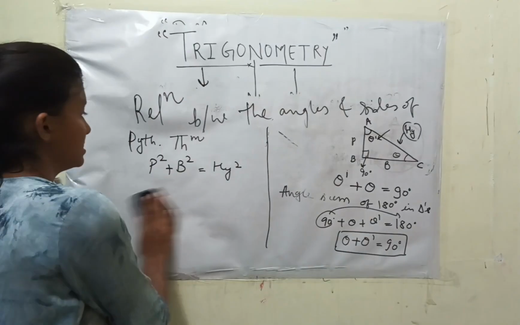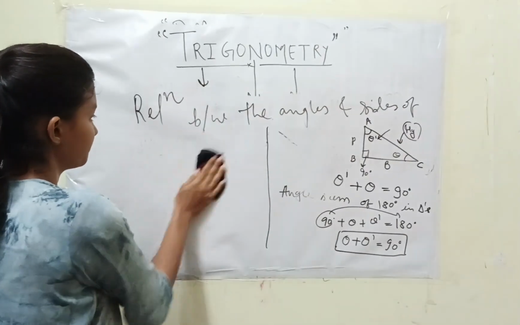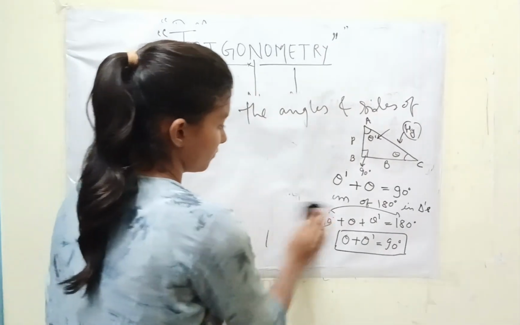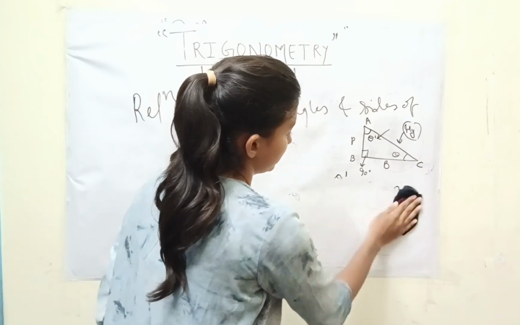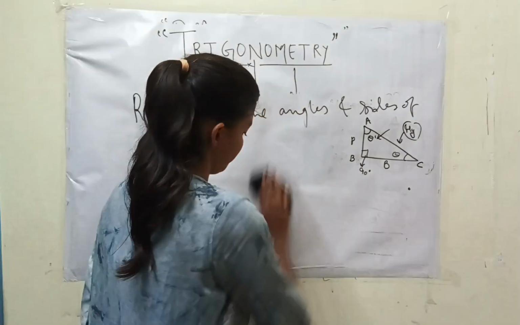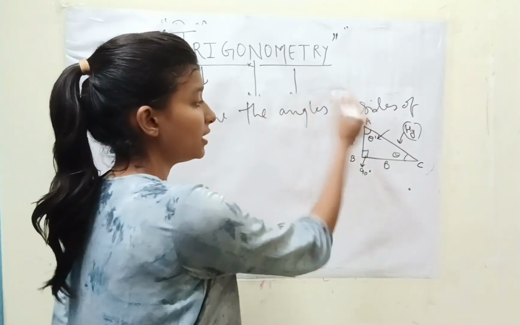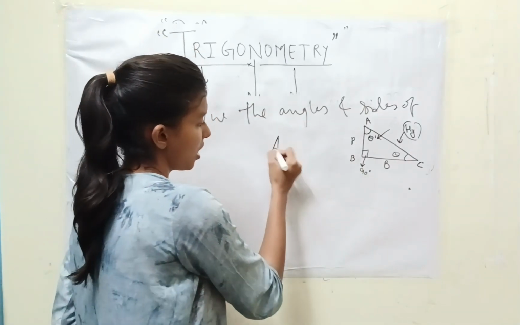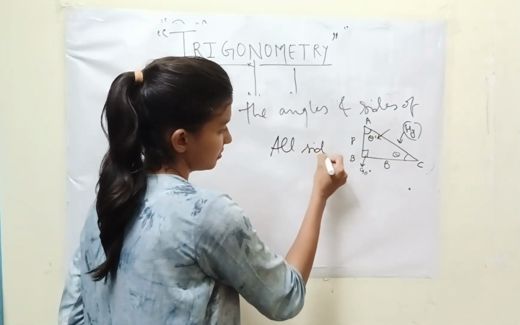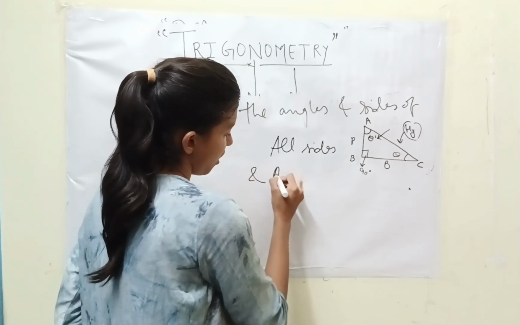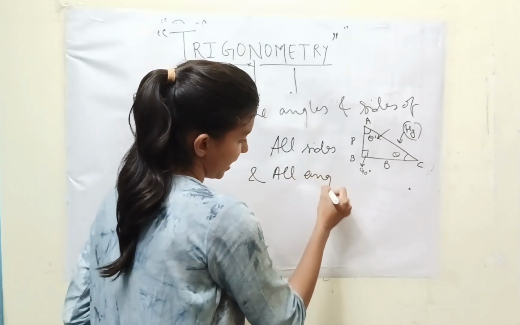Trigonometry allows us to study the whole triangle. It means all sides and all angles.